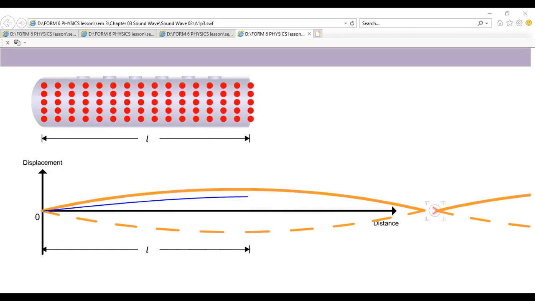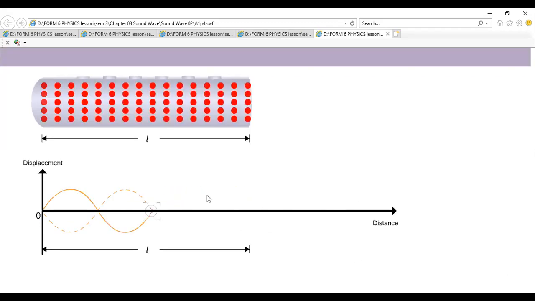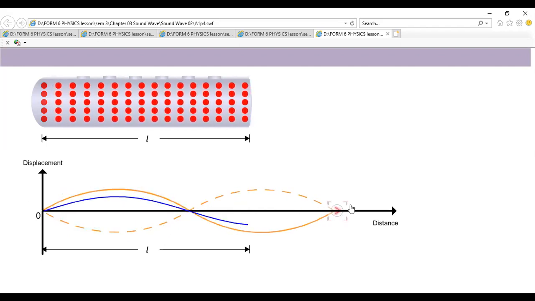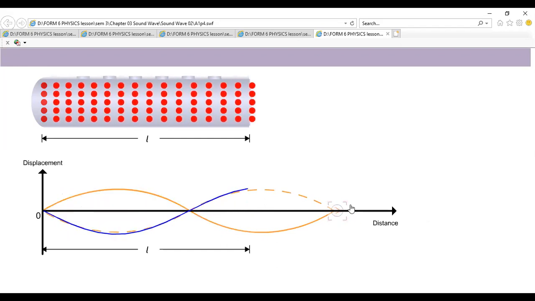For the next sound wave, we notice that now it is in the first overtone. For the first overtone, this will be the relationship between L and the lambda. That means L is equal to 3/4 lambda, or we say that lambda is equal to 4L over 3.